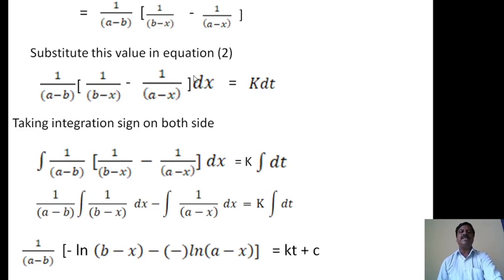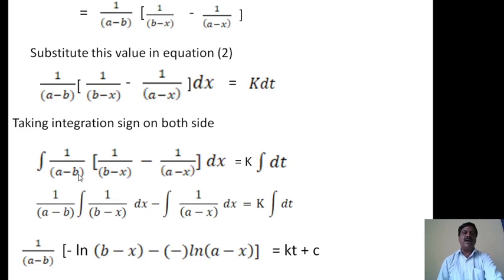Now taking the integration sign on both sides, we get the integral of 1 divided by (a minus b) into [1 divided by (b minus x) minus 1 divided by (a minus x)] dx is equal to k into the integral of dt. Here again you have to take 1 divided by (a minus b) as a common factor outside.